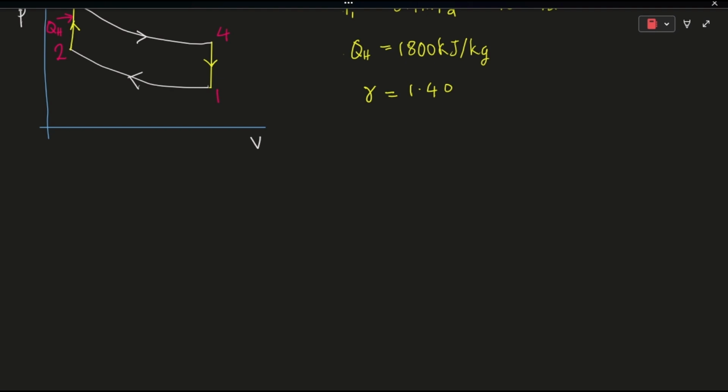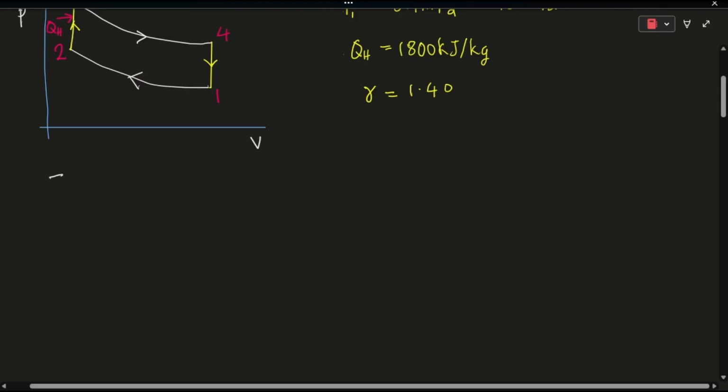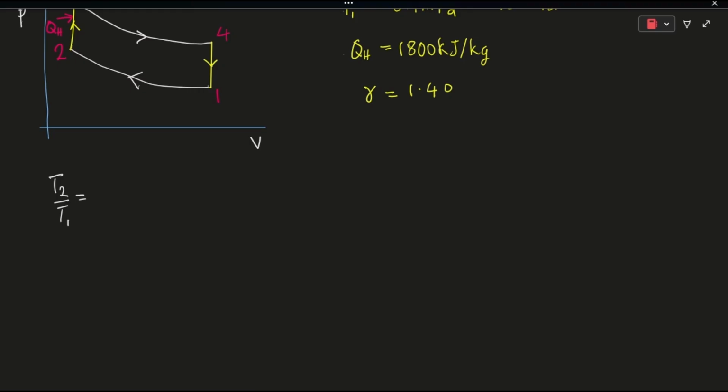Now, 1 to 2 is an isentropic process, and here the ideal gas law can be applied, in which case T2 over T1 is given as follows.